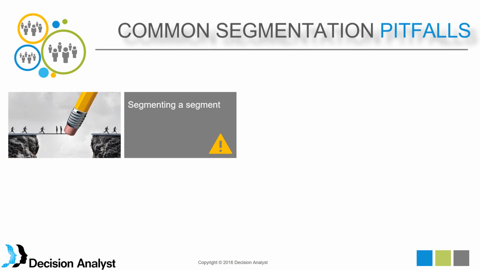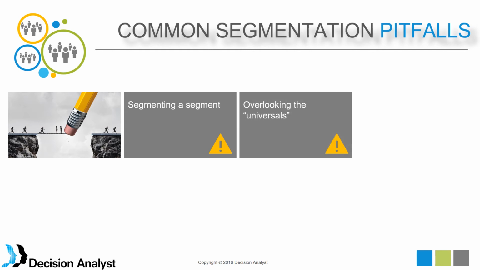The next one is overlooking the universals. I think we all get so excited about the dazzle and the glitter of advanced analytics that we forget to look at the simple crosstabs, at the total responses for our segmentation surveys.